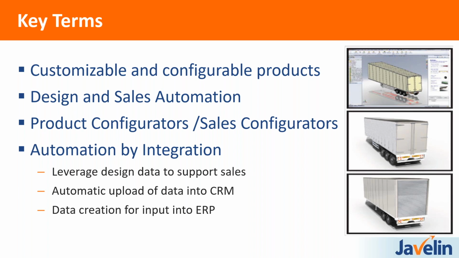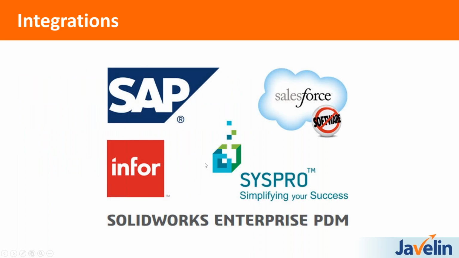Those are some key terms, and I'm going to use them kind of interchangeably, but we just want to make that distinction. Also, where we take information from and push information to is important. The message is we connect with all the major ERP and CRM systems.